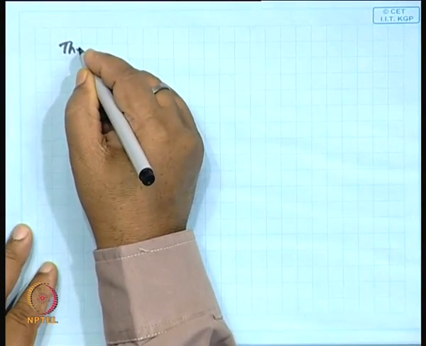Okay. So, we now have a relation between these, and the relation is in the form of a result, a theorem.